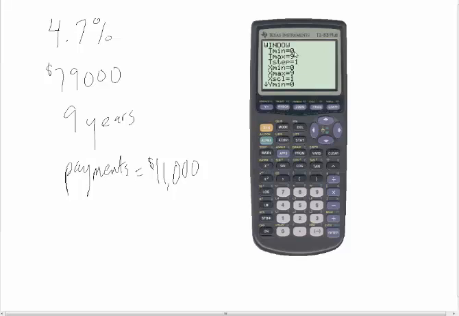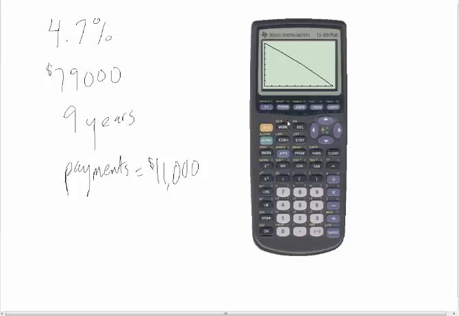Window. So T starts at 0, ends at 9, step of 1. X goes to 9. Then Y minimum is 0. Y maximum is at 79,000. Scale at 10,000. This way if we hit graph, here's your balance.